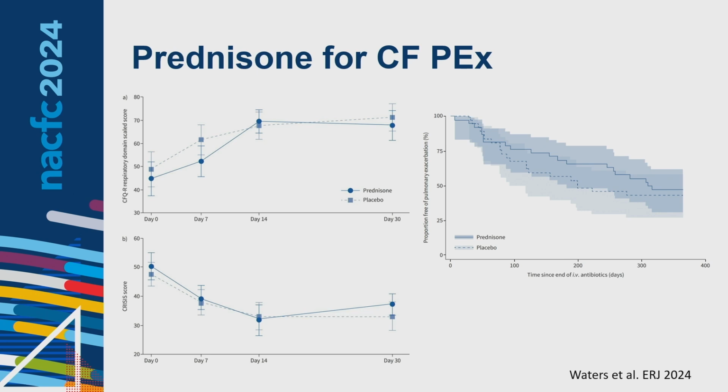There was no difference there. And the CRISS score, no difference. And the classic time from end of IV antibiotics till next exacerbation, there was no real difference. So really important data to help people in the clinic make decisions about how we treat pulmonary exacerbations.